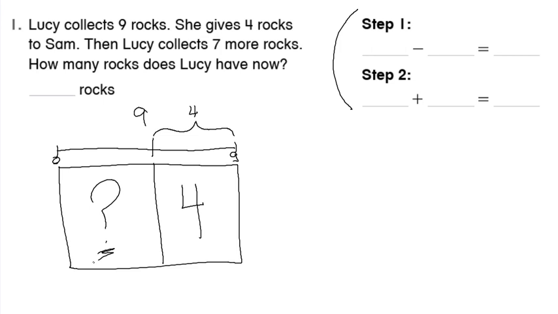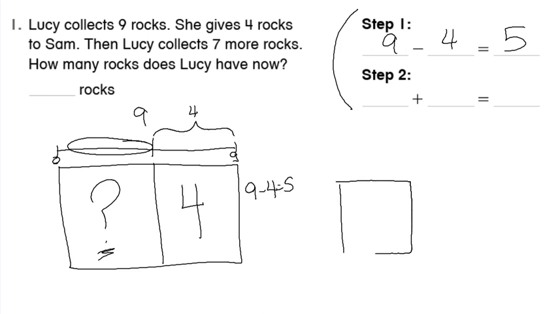So in order to figure out what this is, I need to take 9 minus 4. So 9 minus 4, and that's going to equal 5.